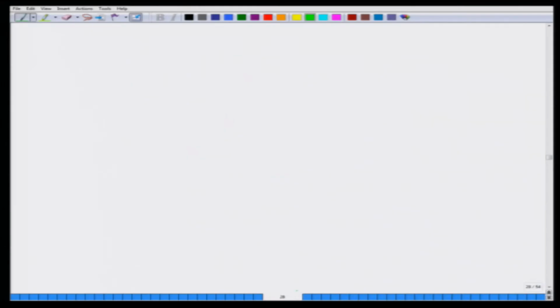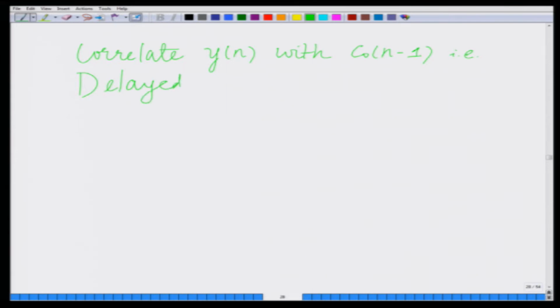Let us look at the correlation of Yn with C naught n minus 1, the delayed version of the code, because C naught n minus n naught is a delayed version of the code C naught, and here n naught is equal to 1.